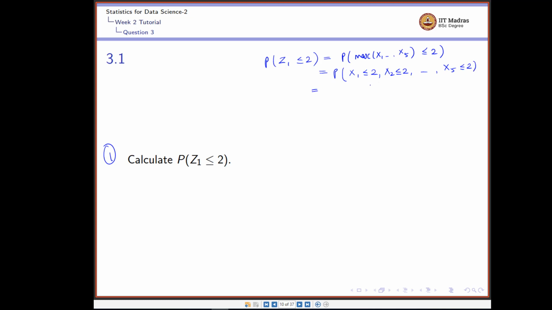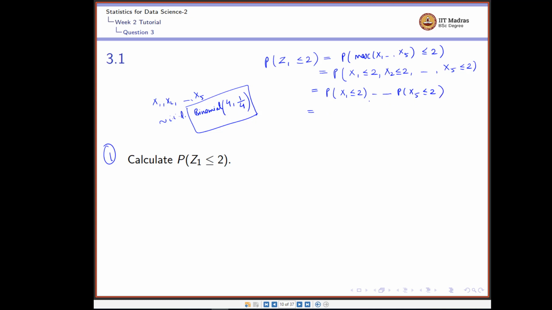Now it is given to us that X1, X2 up to X5 are IID Binomial(4, 1/4). Since all of these random variables are independent and follow the same distribution, we can write it separately as the product of the probability X1 is less than or equal to 2 up to the probability X5 is less than or equal to 2.